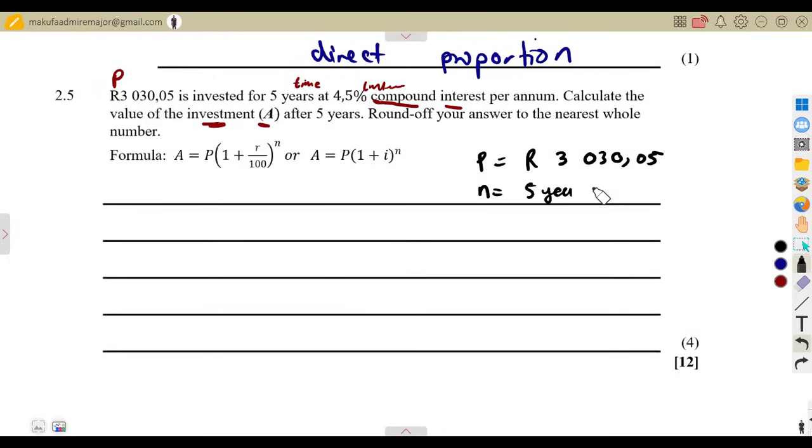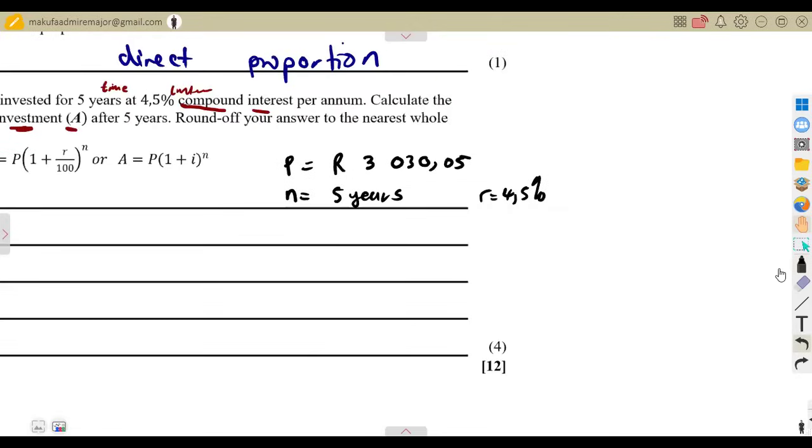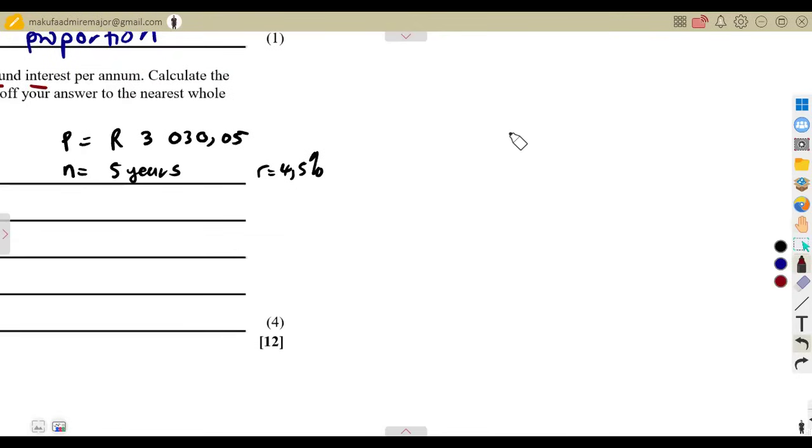So n represents the number of years, whereas the 4.5% is going to depend on the way that you have it here. If you're using the first formula, your R is going to be 4.5%. If you are using the formula that has an i there, i is taken as a decimal percentage, so i is 4.5% over 100%.